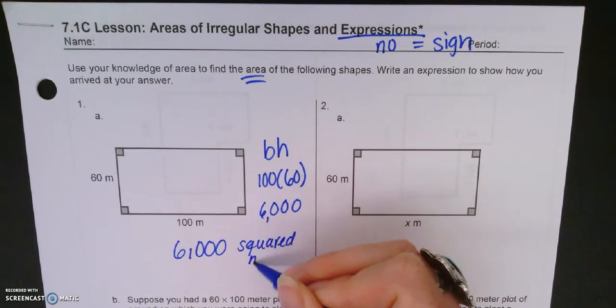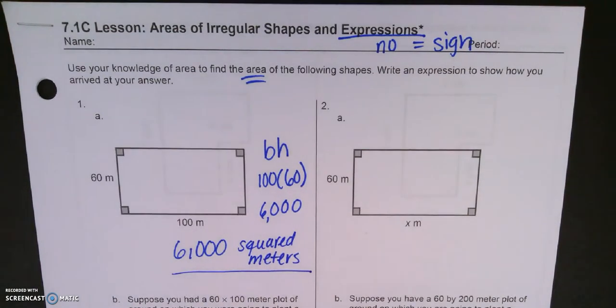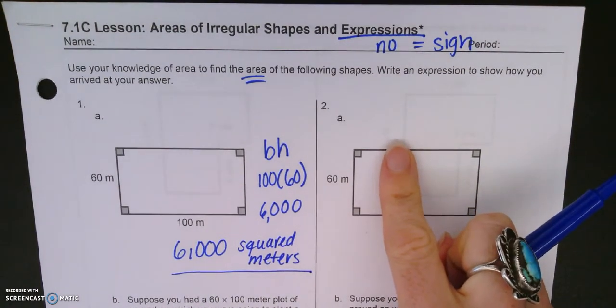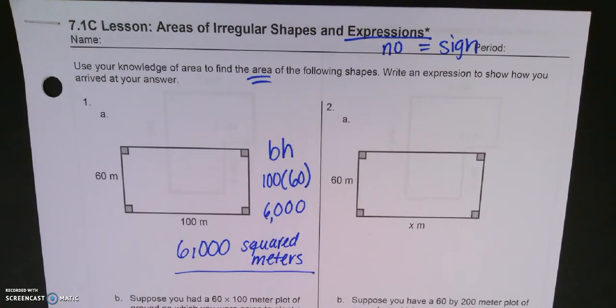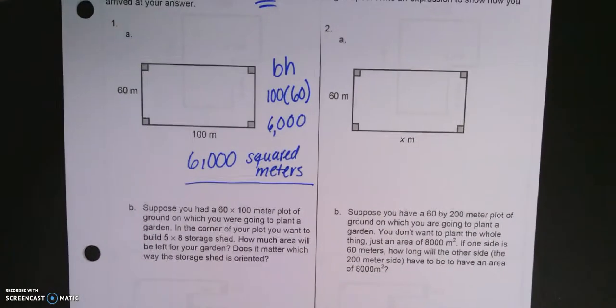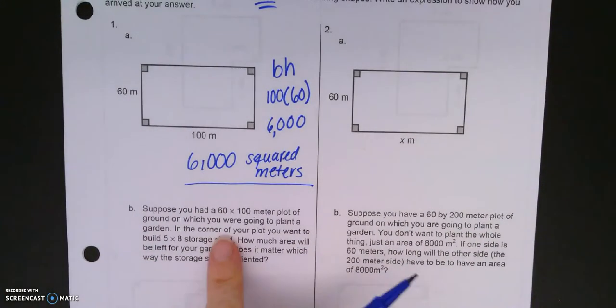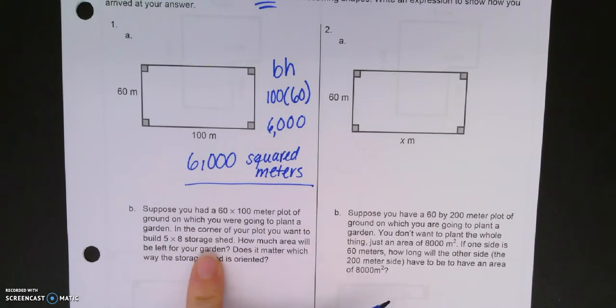Awesome. Let's take a look over at 2a. Taking a look, I guess we should finish number 1. Suppose you had a 60 by 100 meter plot of ground on which you're going to plant a garden. In the corner of the plot, you want to build a 5 by 8 storage shed. How much area will be left for your garden?